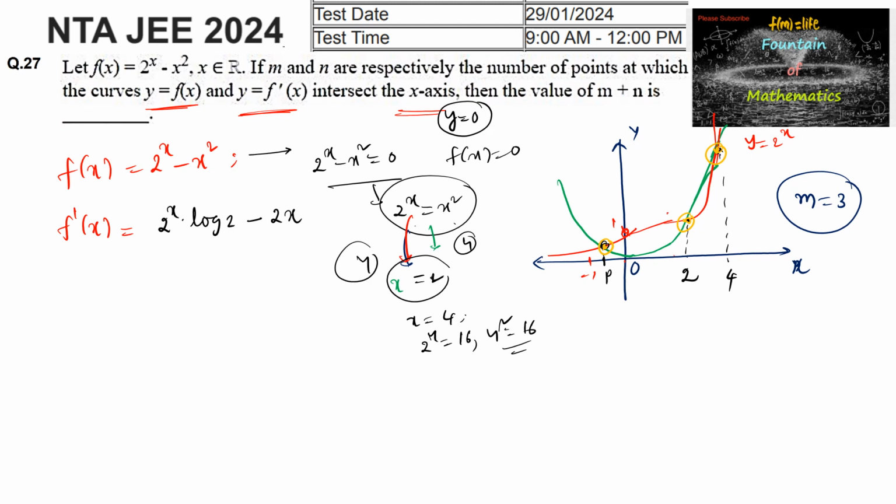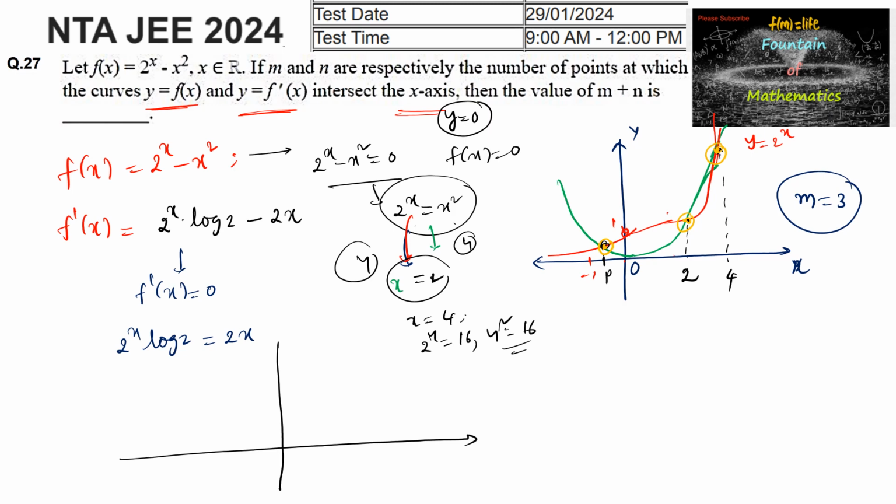Coming to the next one, f dash of x also intersects the x-axis, so we can consider f dash of x is equal to 0. So 2 power x log 2 is equal to 2x. Let's see the graph now. The right side, y is equal to 2x, is a straight line.